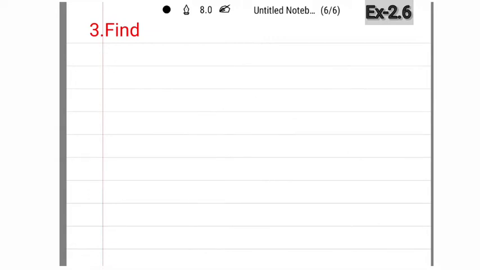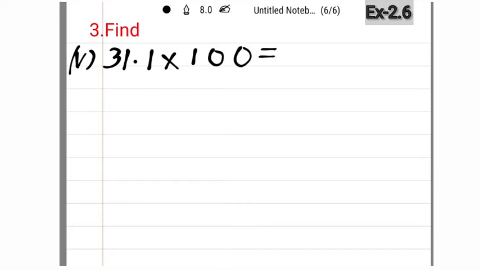Now come to your next bit, that is bit number V. 31.1 into 100. Here it is 100, that means it is shifted two digits towards right, and your answer is 3110.